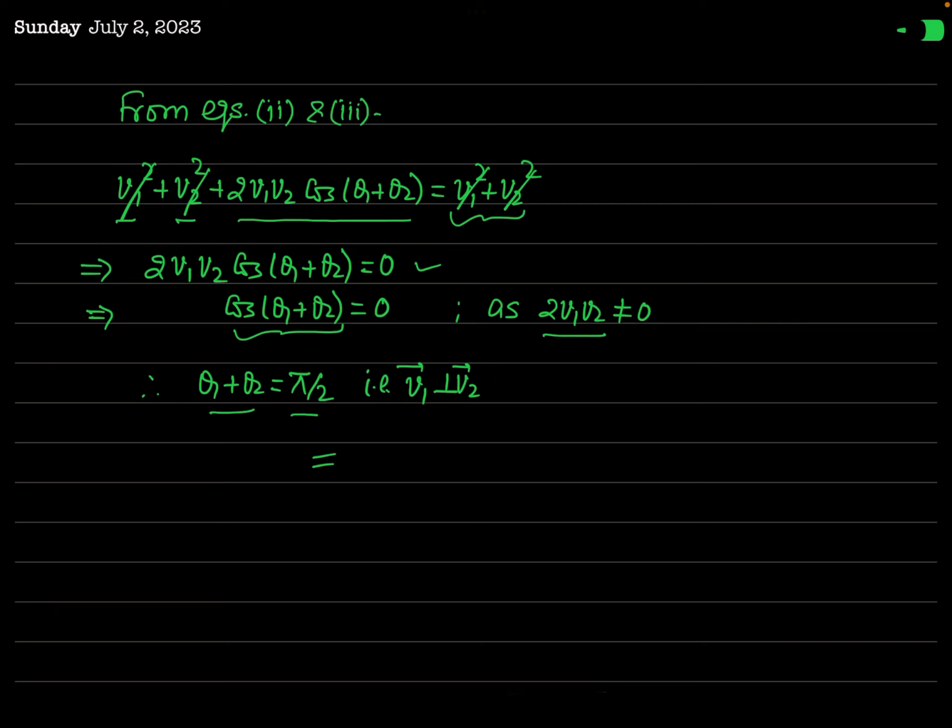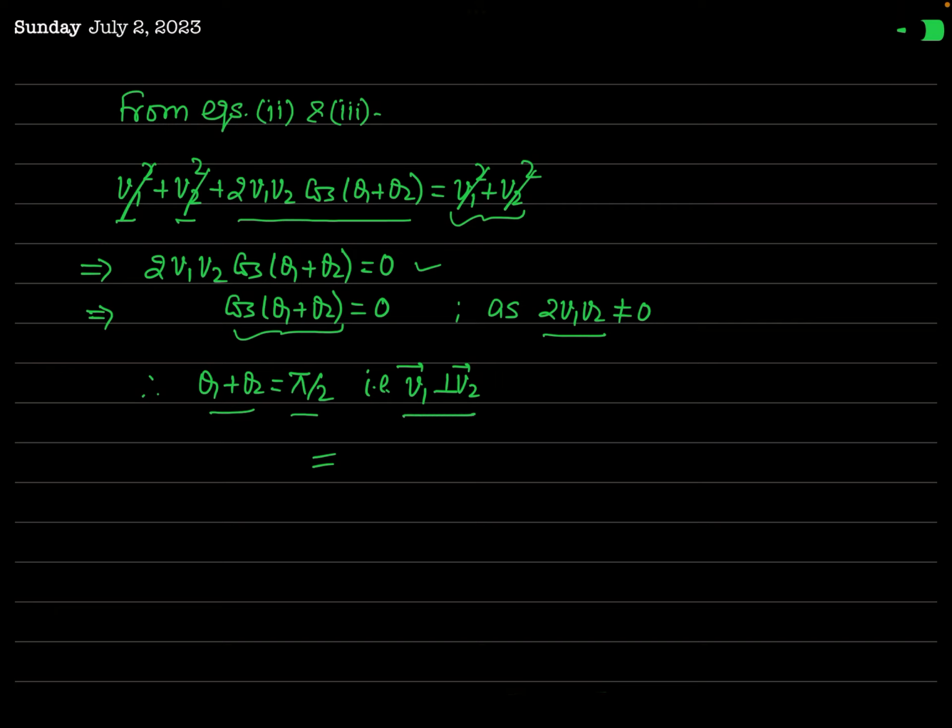So you can see how easily we have solved this problem: when a particle of mass m collides with a stationary particle of the same mass and the collision is elastic, after collision the two bodies move making an angle of pi by 2 with one another.